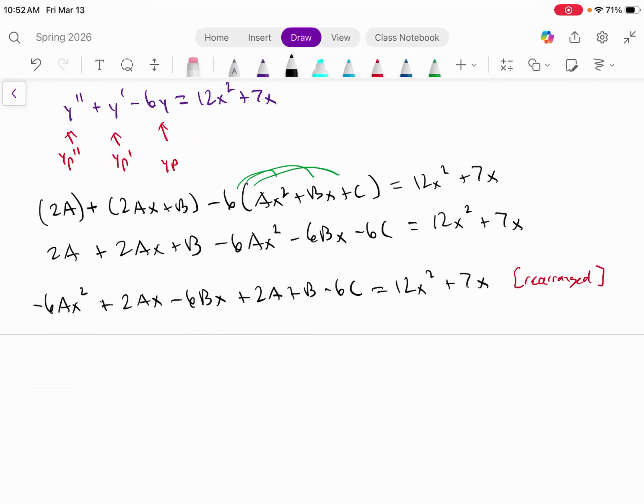So what this would look like is just negative 6a, just taking out the x squared for aesthetic purposes, so we can see what we're doing. I'm going to take out an x, so 2a minus 6b times x. And then I'm just going to group together the constants in one sort of parentheses.